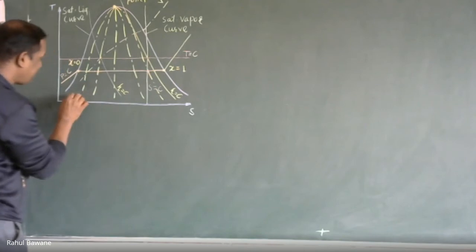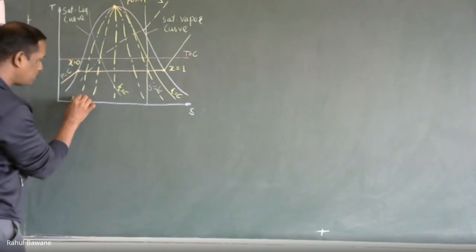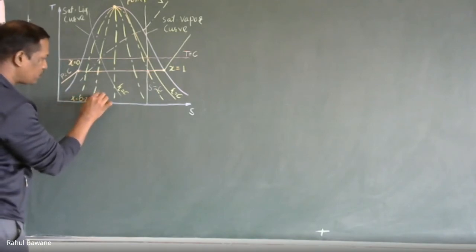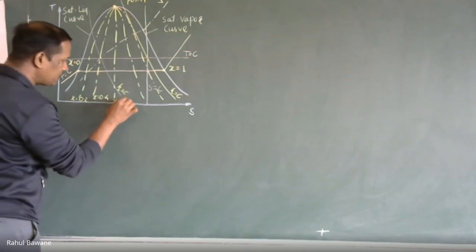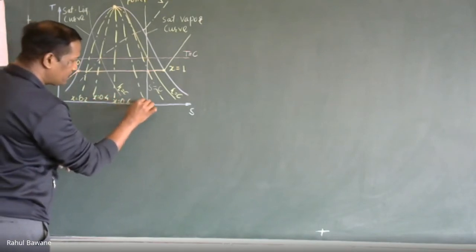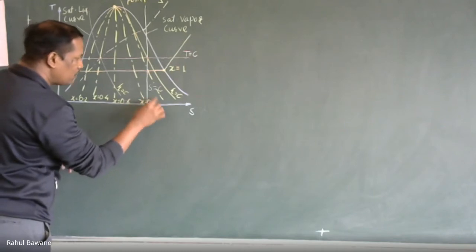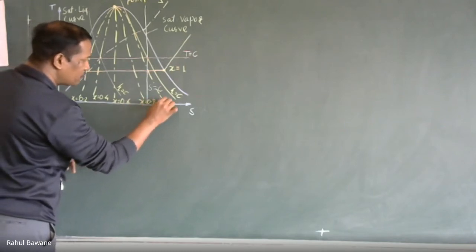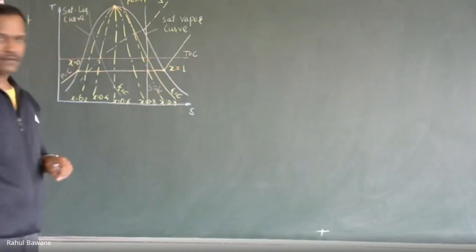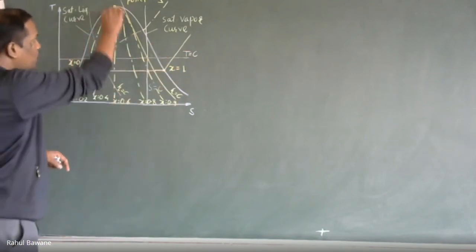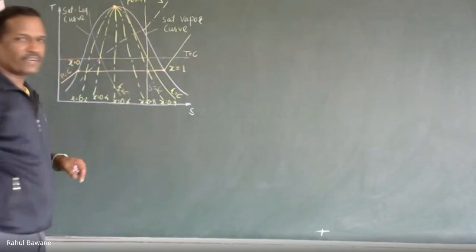This might be x equals 0.2, this x equals 0.4, x equals 0.6, x equals suppose 0.8, x equals 0.9, and then x equals 1. So these are the constant dryness fraction lines.